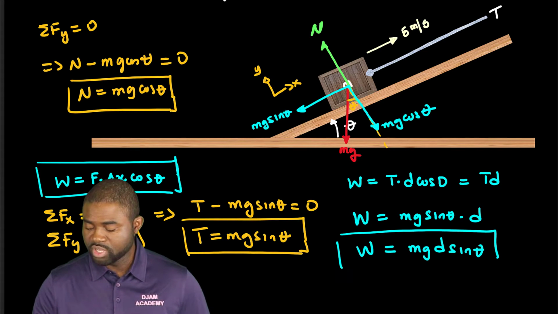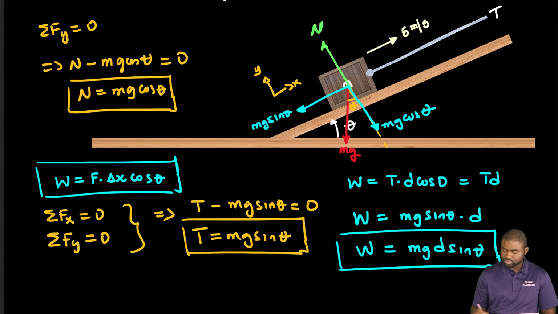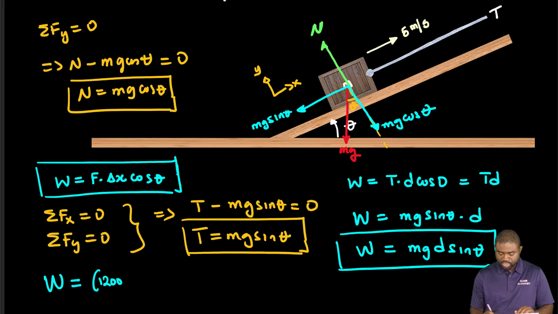You can calculate the value of this pretty easily. So W will be equal to m, which is 1,200 kilograms. I'm going to take g as 10 meters per second squared, even though it's 9.8. D is 30.